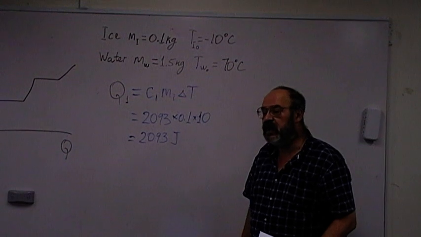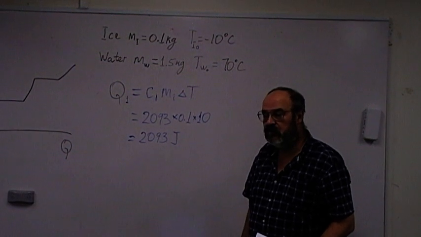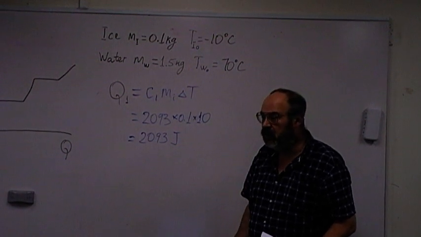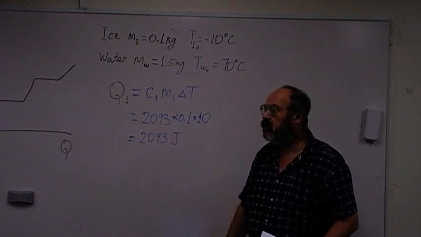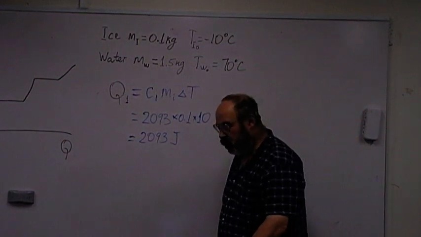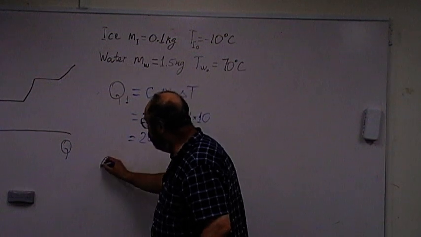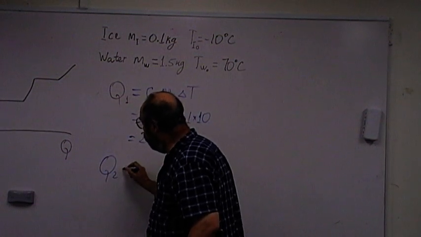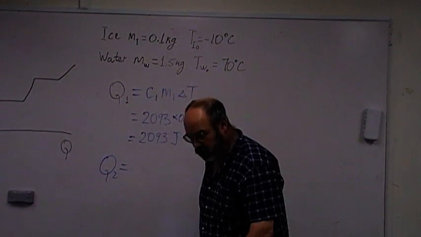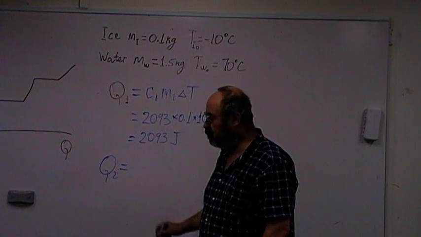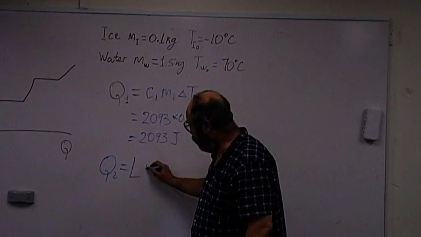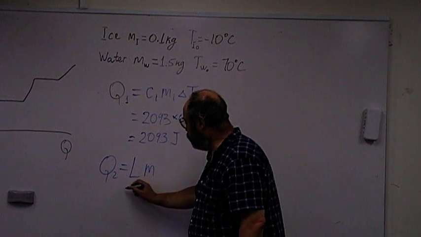Now, what happens next with ice? Latent heat. It will melt. So then ice will melt. How much heat will be needed to melt ice? Which formula are we using? Latent heat times mass.